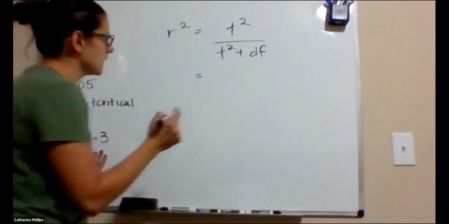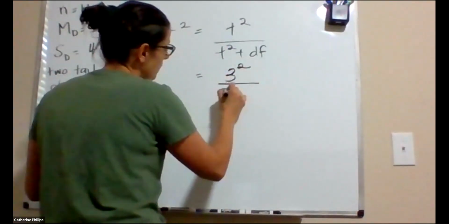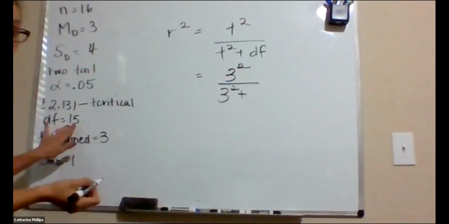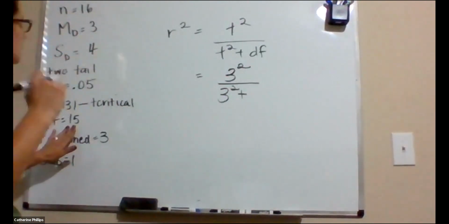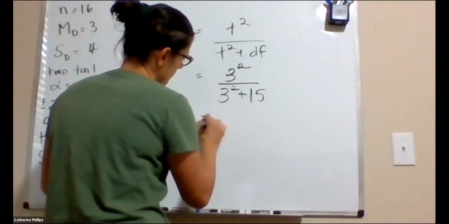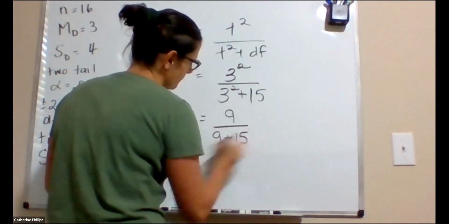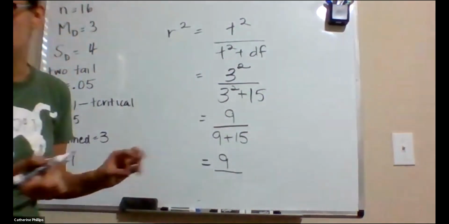The t in 17A was 3, so we're going to have 3 squared divided by 3 squared plus the degrees of freedom, which we calculated in step 2, which was 15. So we have 9 divided by 9 plus 15. So we have 9 divided by 24.